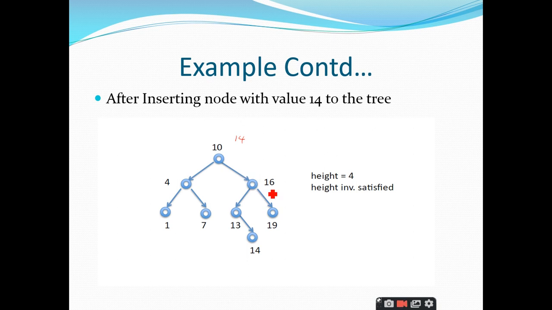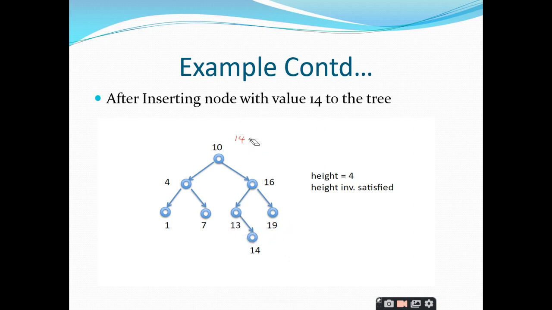We have 16 as the right child of 10. Compare 14 and 16. Since 14 is less than 16, go to its left hand side. Compare 13 and 14. Since 14 is greater than 13, go to its right hand side. Since there are no child nodes for 13 at that position, you make a node of 14 here and link this 14 as the right child of 13. So it's a normal insertion operation that we follow in the BST only, right?